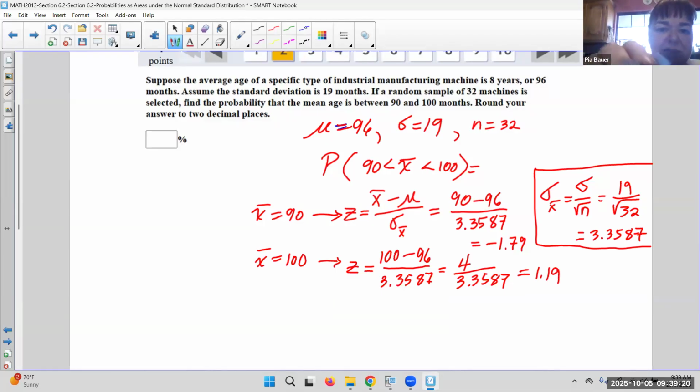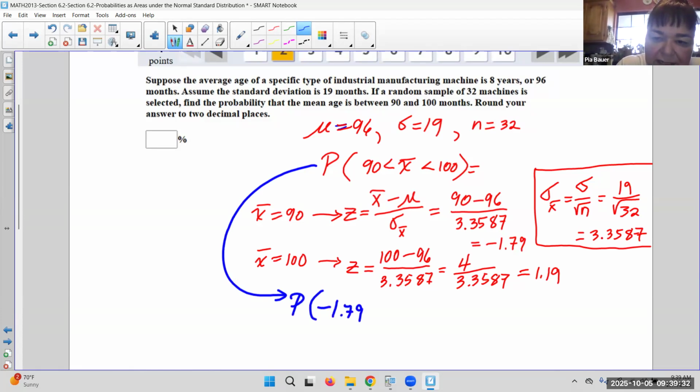So then this probability changes to a probability based on the z-scores. The z-score will have to be between -1.79 and 1.19, and I meant to put less than.